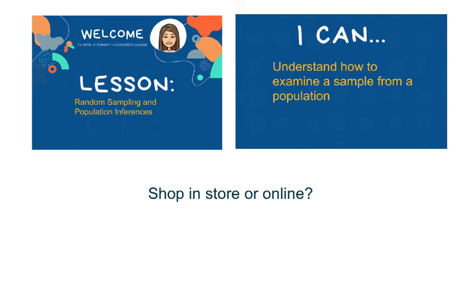By the end of this lesson, you should now understand how to examine a sample from a population. In this lesson, we looked at random samples and thought through scenarios where the sample may or may not have been random. We also looked at making predictions on what could happen in the full population when we looked at the sample that was surveyed.